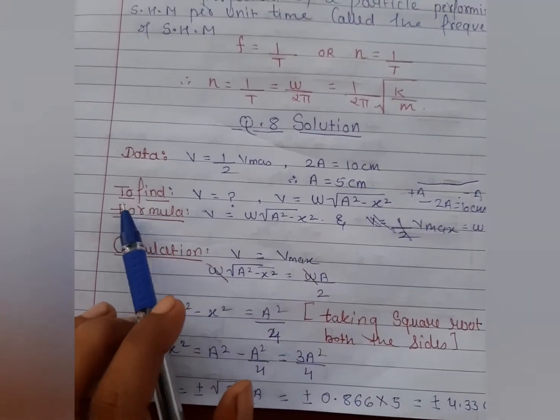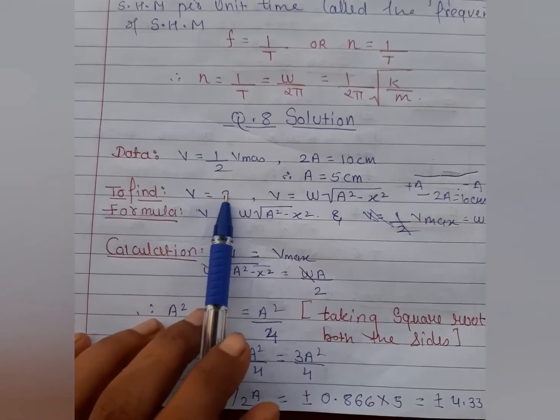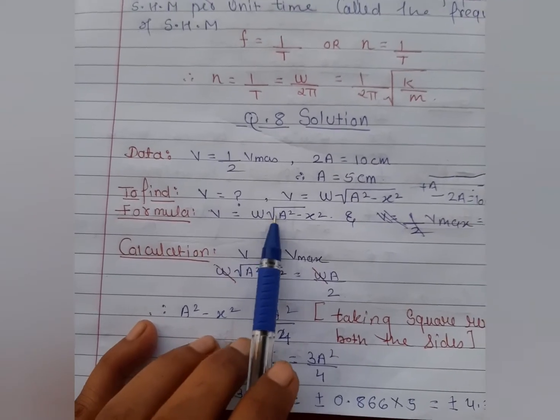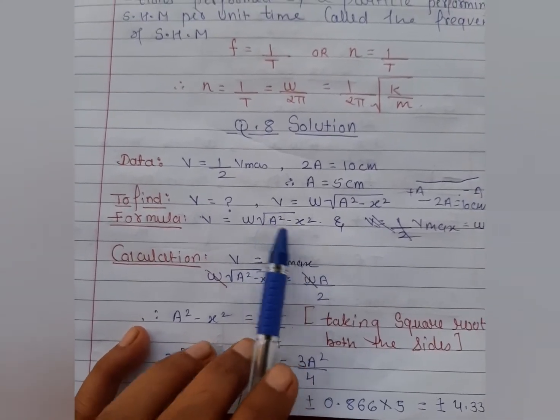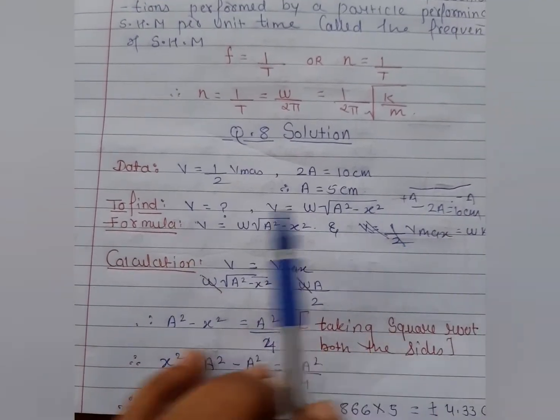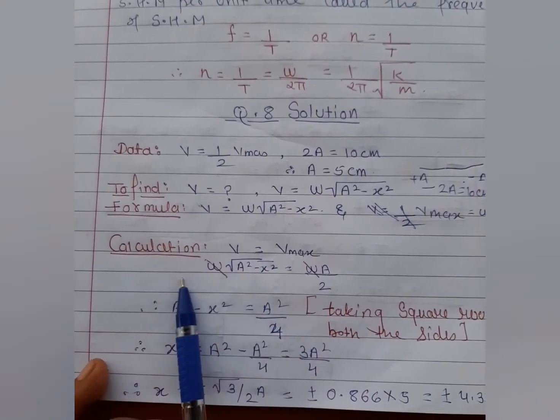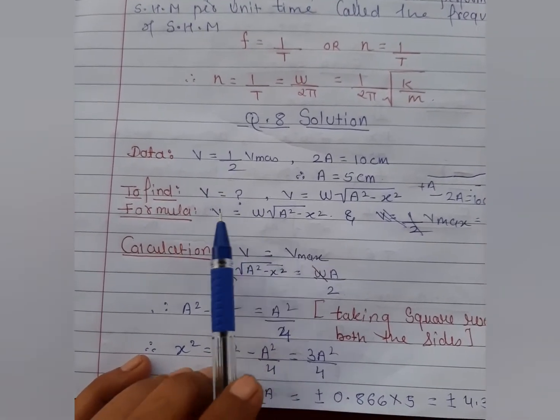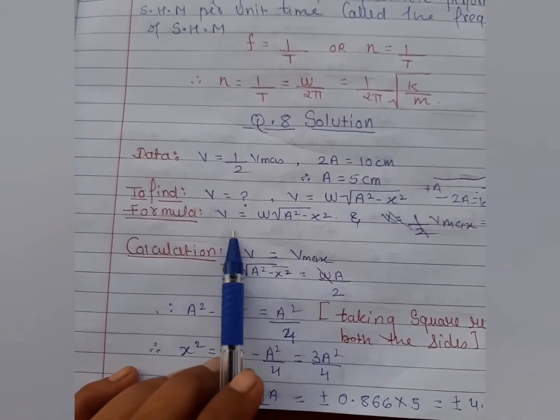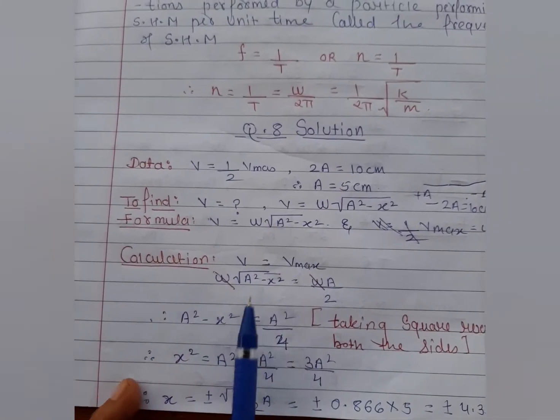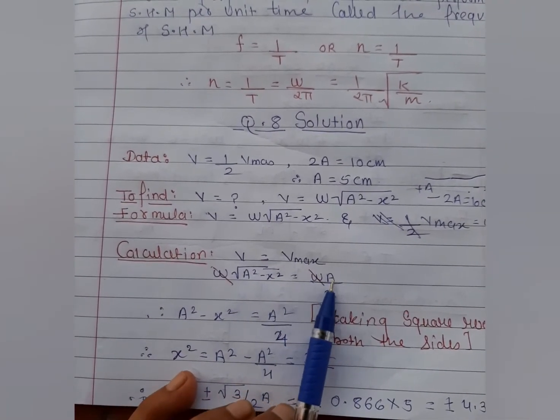Clear? So here students, we have to find V, and the formula of V is V is equal to omega root of a square minus x square. This is the velocity formula when the particle oscillates. Let's move on to the calculation. Let's consider these two equations: V is equal to omega root of a square minus x square, which is equal to omega a by 2.